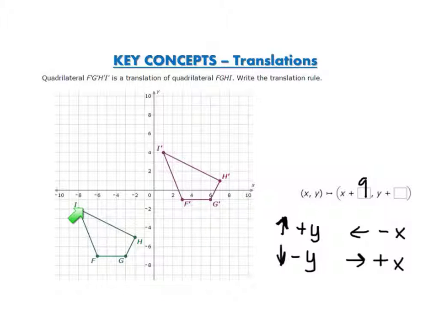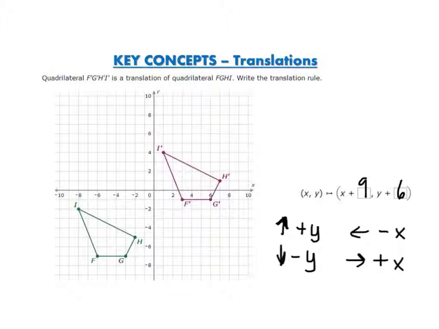I went from -2 to 4. So from -2 to 0 is 2, and 4 is 6. So on my y, I added 6. So my translation rule was x plus 9, y plus 6.